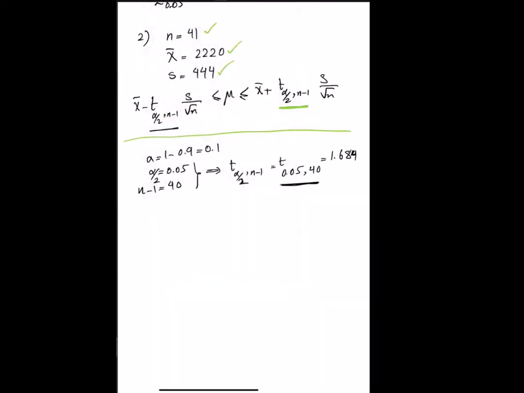Okay, so for this, it's going to be 2220 minus 1.684 times s over square root of 41, and when we do the calculation, this is going to be 2103.